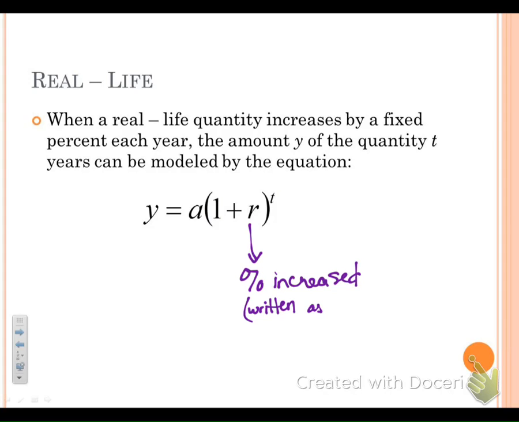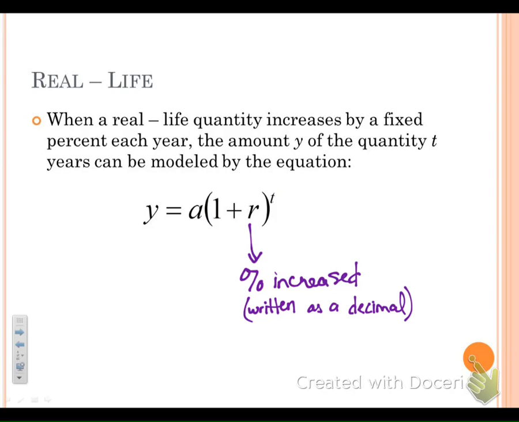Or we will need to write it as a decimal. It should not be in the percent form. And let me be clear about this. It's going to be in the percent form in the words, but you're going to change it to the decimal when you plug it into this problem.